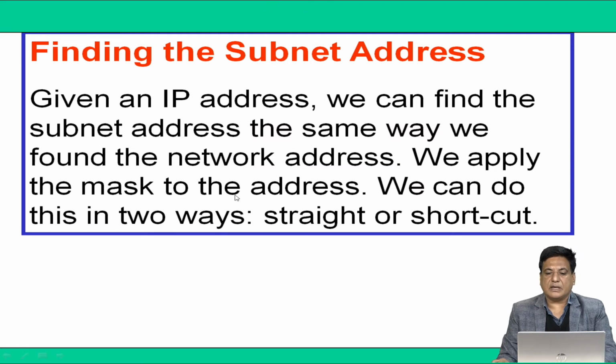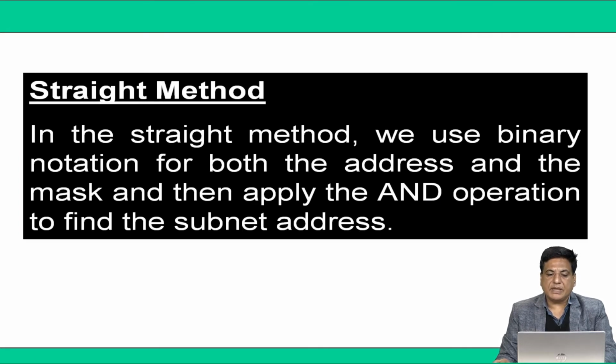Finding the subnet address. Given an IP address, we can find the subnet address the same way we found the network address: we apply the mask to the address. We can do this in two ways, straight or shortcut. In the straight method, we use binary notation for both the address and the mask and perform the AND operation to find the subnet address.